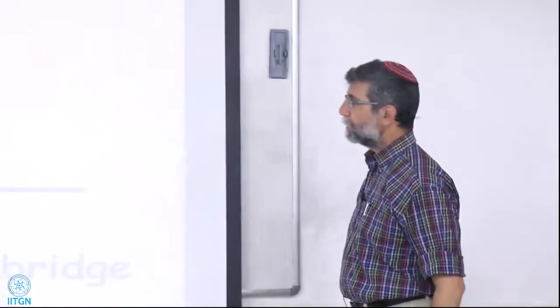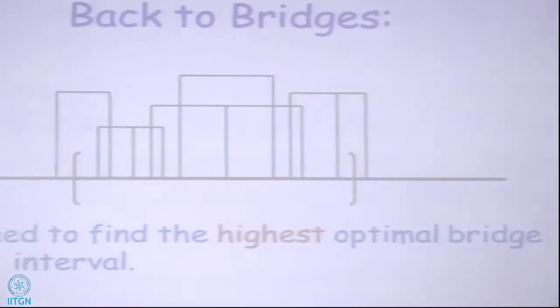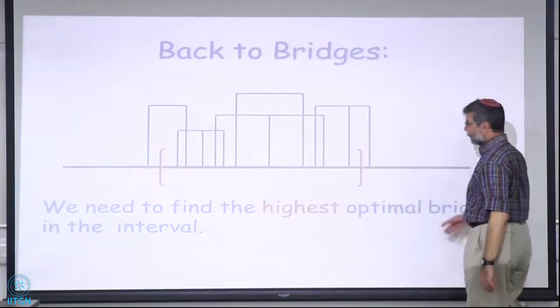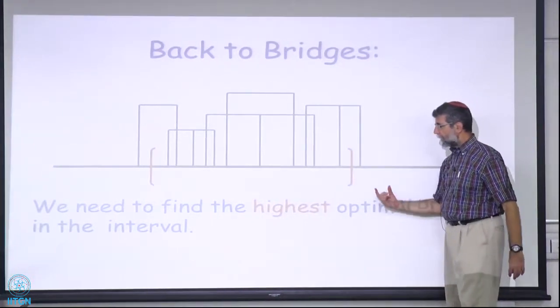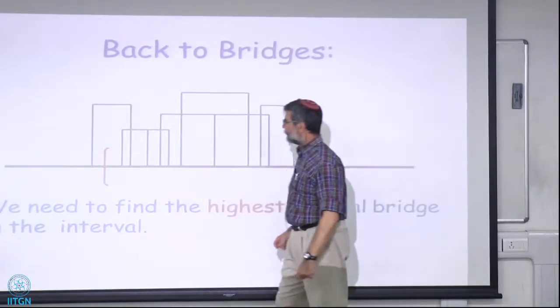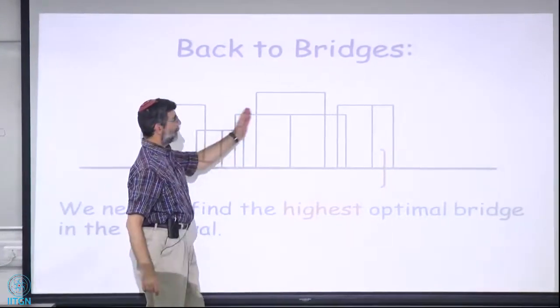Okay, so let's get back to the bridges. We have these bridges sitting here, and suppose that we only have the optimal ones. What we want to do is to find the highest optimal bridge in the interval. Notice these constructs that look like a Roman aqueduct.